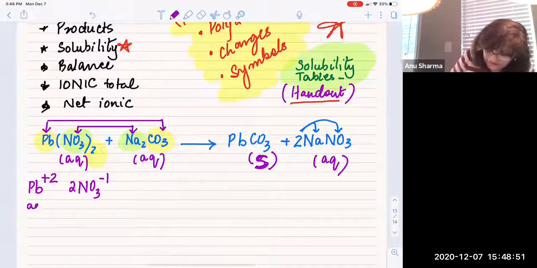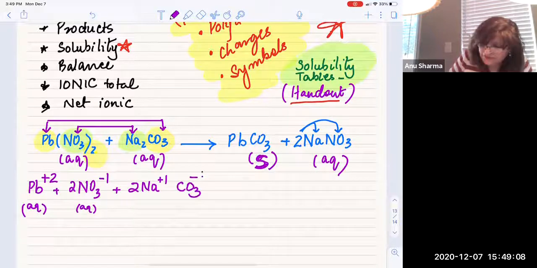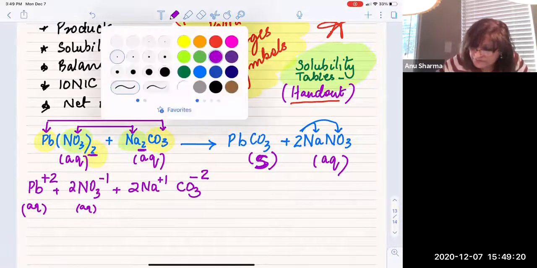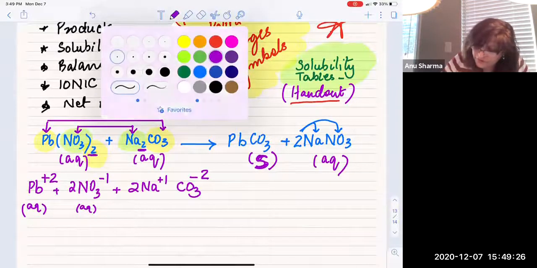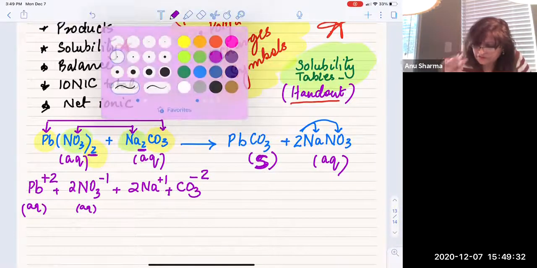So this one is aqueous and this one is also aqueous, both soluble in water. Plus, then you have 2 sodiums, Na plus 1. And then you have 1 carbonate, but carbonate has 2 negative charges. This 2 is coming from the top of carbonate when you write the formula. If you can balance the equation, then it's the same thing, just a little difference in perception.